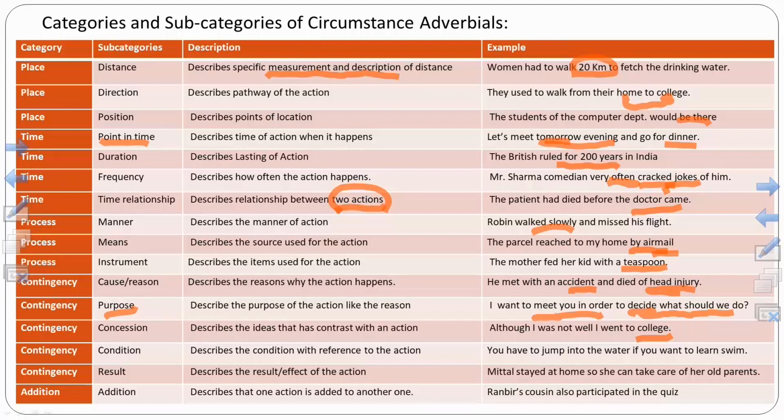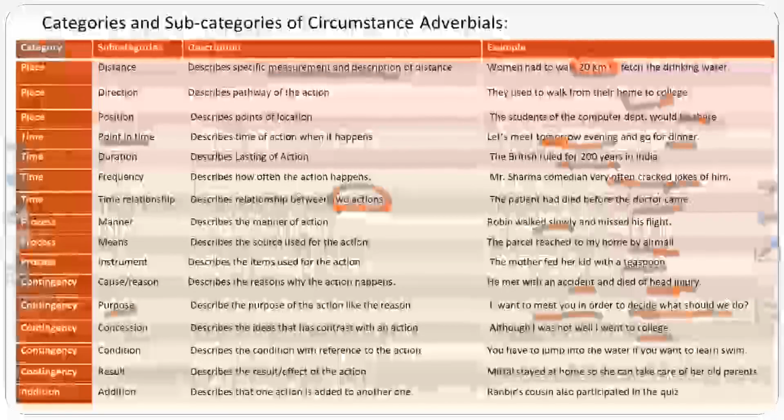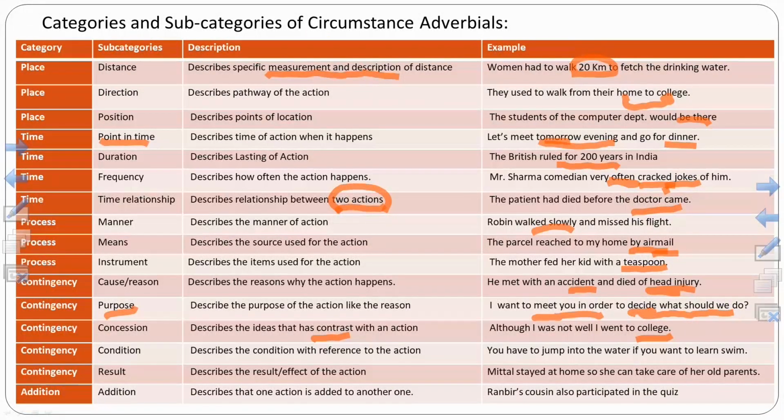So this is the question: why did he go to college? Because he wanted to. It shows the purpose of the action, like the reason, and here there is a contrast situation. It describes the idea that has contrast with an action. As we can see, the contrast. Here there is a purpose, here there is a reason.